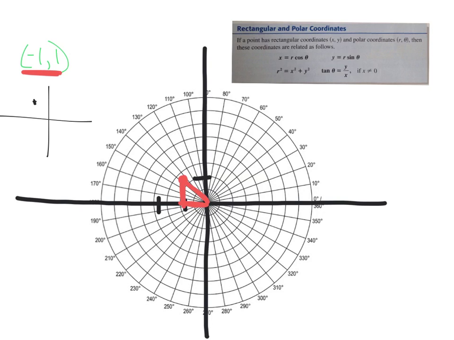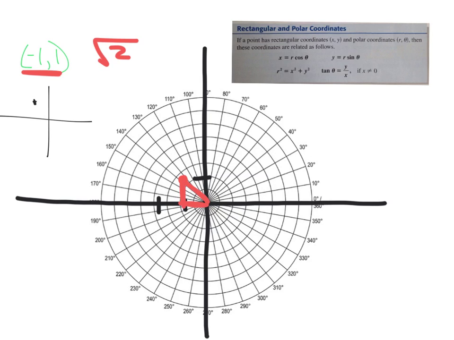Because x and y are the same number, so that's going to be a 45-degree angle. Both my sides are 1. My hypotenuse is going to be the square root of 2. So I know my r then is going to be the square root of 2. So that makes life easy, just because I know that a 45-degree angle, the hypotenuse, or the r value, this length from here to here, is square root of 2. Alright, so let's keep going here.